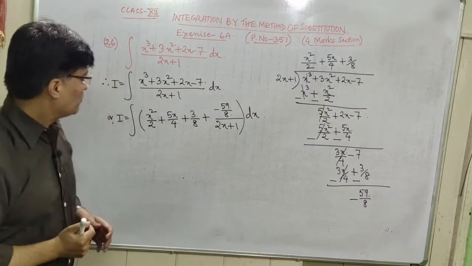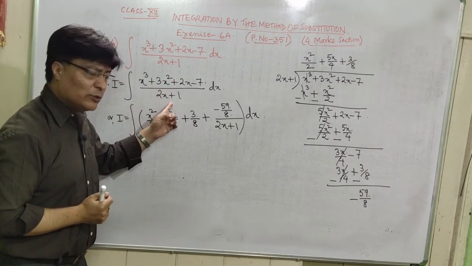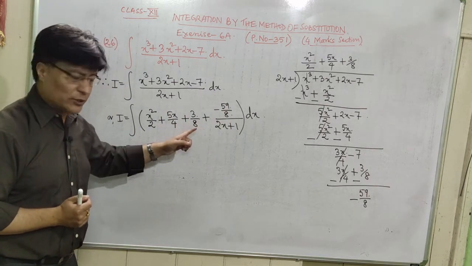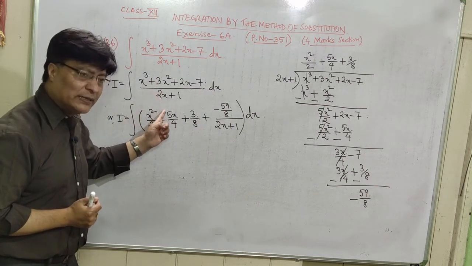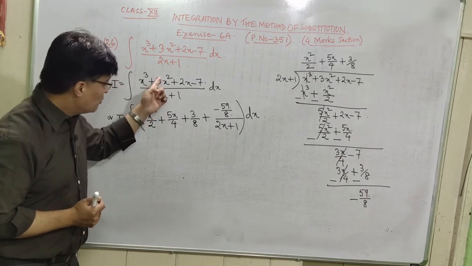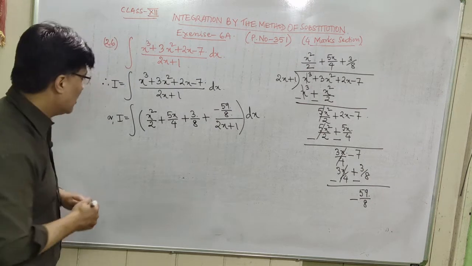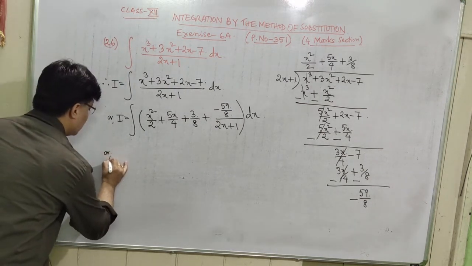Okay. So numerator divided by denominator will give you this expression. Okay, now you can separate the term.